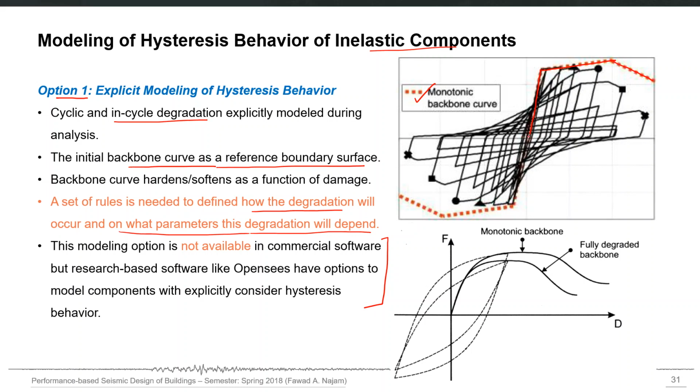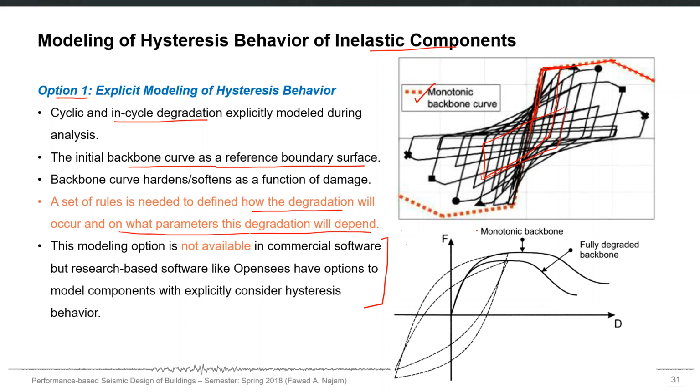If you could do it, you would have to modify your stress strain behavior at each time instant. So you start with one curve, and as soon as you get damage and you have to unload, you follow a new curve, and then another curve, and another curve depending upon damage. So you keep on modifying the actual stress strain curve at each time instant, and therefore you capture all the cyclic behavior.